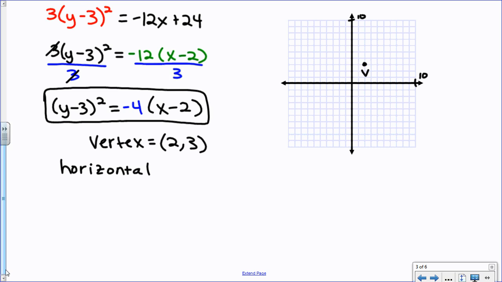Okay, let's find P so we can find our focus and directrix. So I need this here to equal 4P. That's the first part of that equation. So P is what? Negative 1.